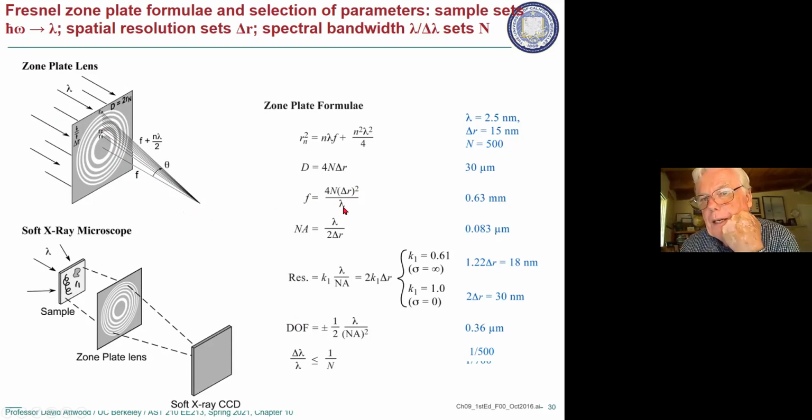So you better keep your spectral width kind of narrow so that the focal length doesn't get spread out too much, okay? Because then you'll have a blurred focal spot. It won't be as small as you want, and it'll be deeper. So that's why the bandwidth of the source should be kept to less than 1 over n. It just follows from these formulas.